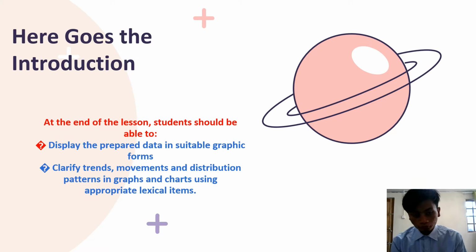Back to number 1: after the lesson, students should know how to prepare the data in a suitable graphic form. And the second is students should be able to analyze the data in the graph and all the movement and the pattern very well.